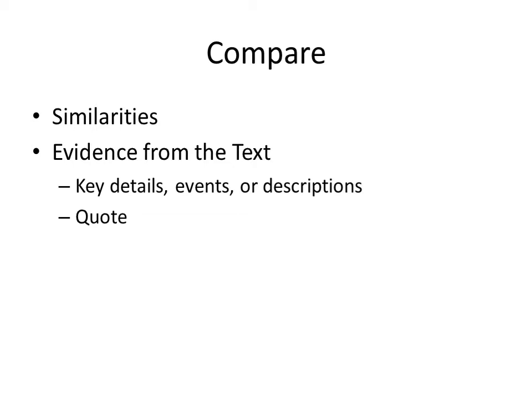If you talk about similarities, you can't just make up things that you know from your own experience. You actually have to read from the text. It could be an article, a poem, anything else, but you need to make sure that you're using facts. Those facts could be key details, events, or descriptions, paraphrasing in your own words, or it could be a quote from the text that you copy word for word from that sentence or that paragraph.